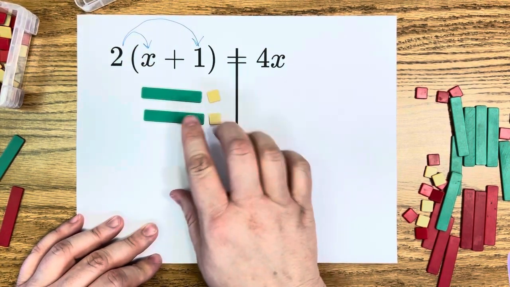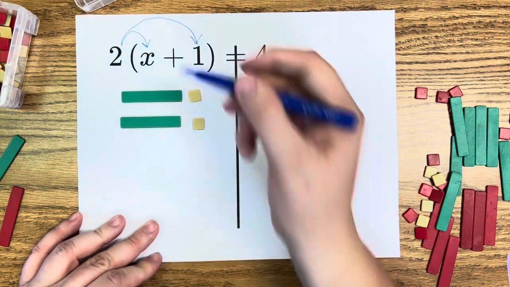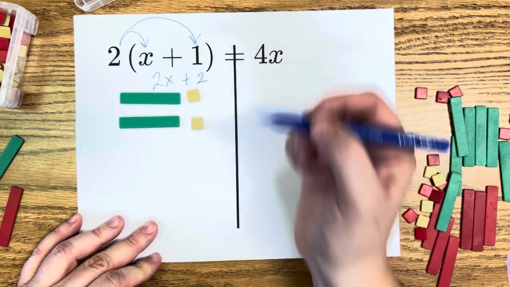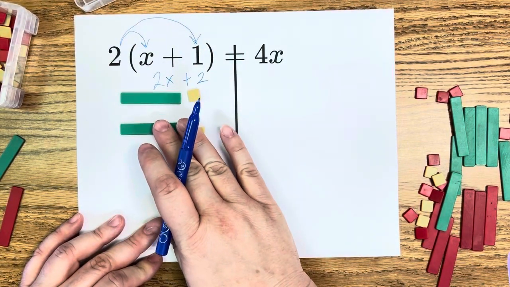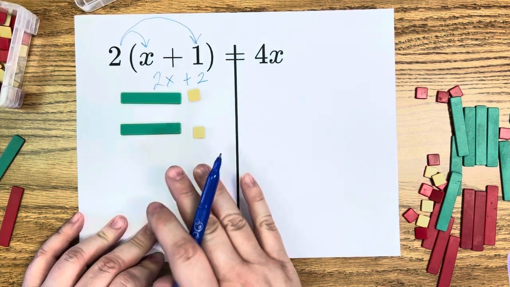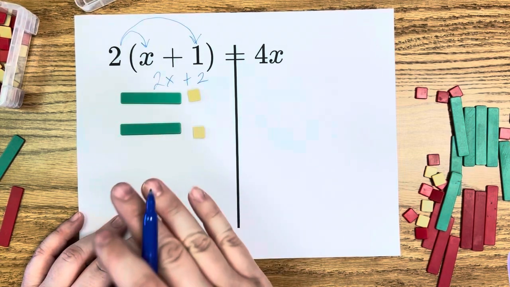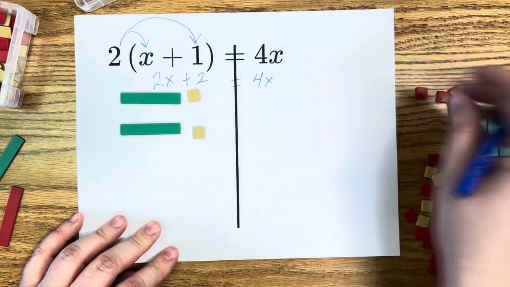Now that we have separated our two groups, okay, we have a 2x plus 2. Now that we have distributed this, that parentheses goes away, and they are no longer grouped, okay? That makes us be able to work with them now. And I do have my equals 4x still over here.